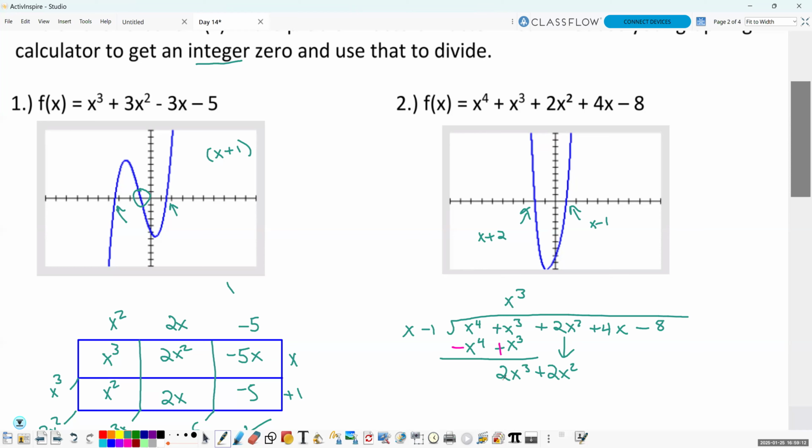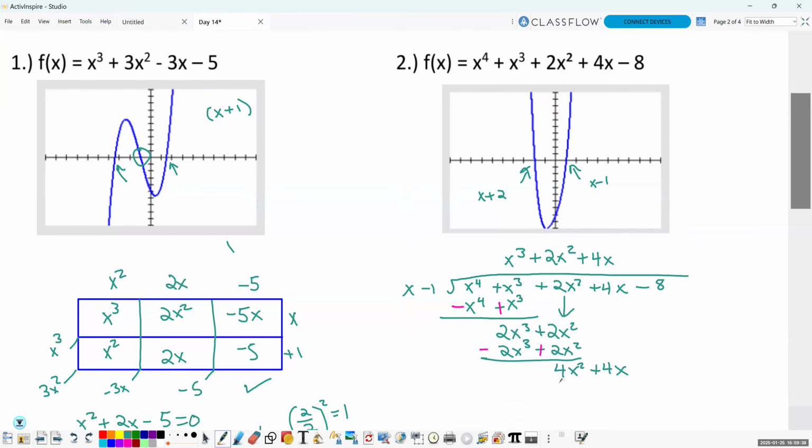Have a division thought, 2x cubed divided by x is 2x squared, and we're going to multiply back. We're going to subtract and bring down. That gives us 4x squared plus 4x. 4x squared divided by x is 4x. Multiply back.